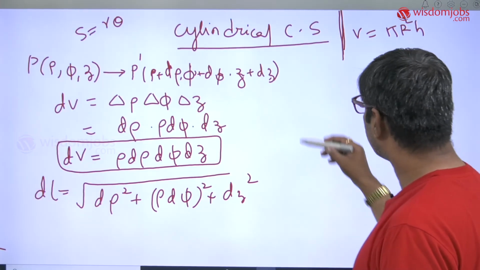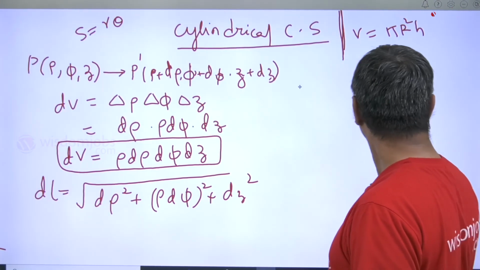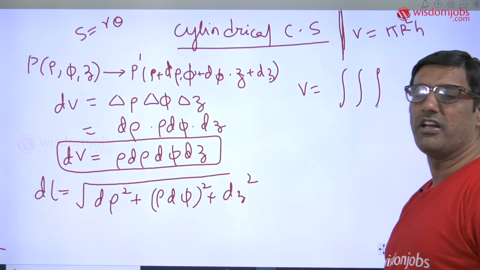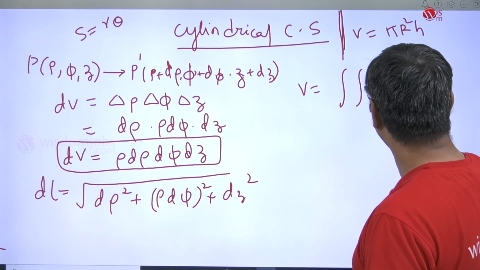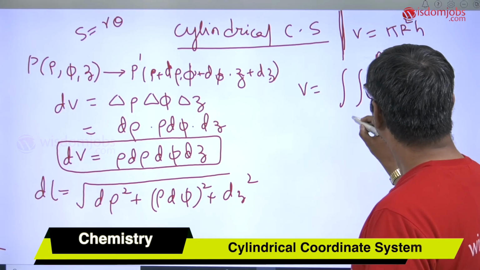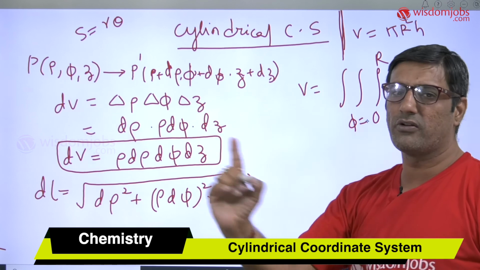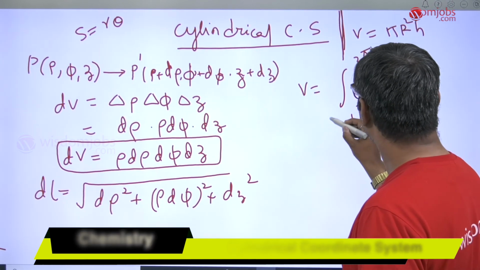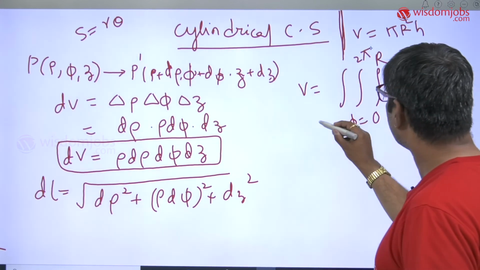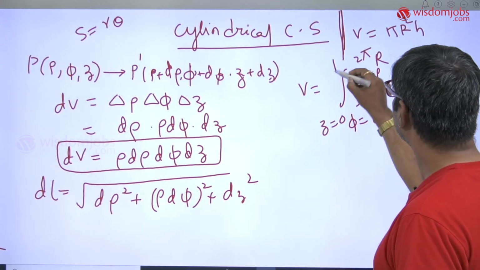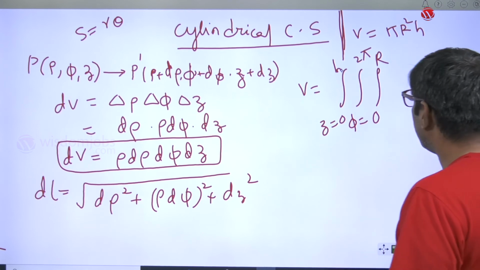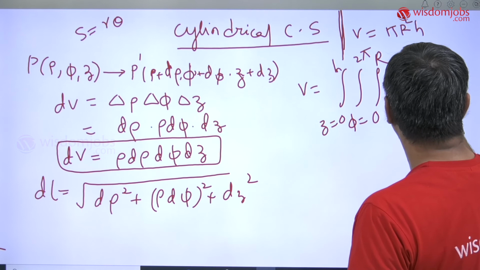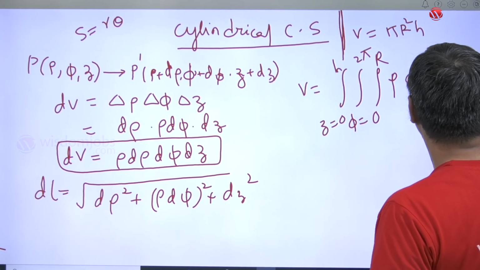So let us integrate this. V equals triple integral. Why triple integral? Because there are three variables. Rho varies from 0 to r, phi varies from 0 to 2 pi since we are going for a cylinder, and lastly z varies from 0 to height h. Now let us integrate rho d rho d phi dz.